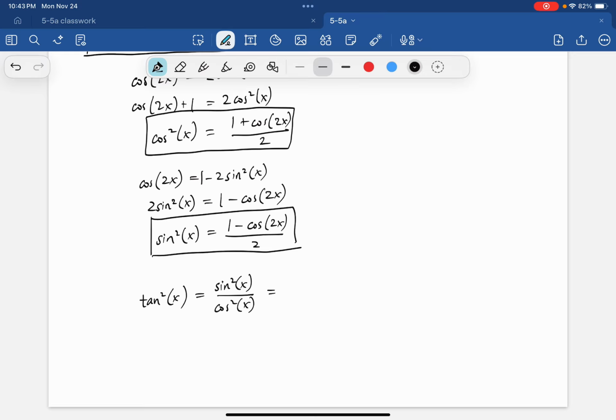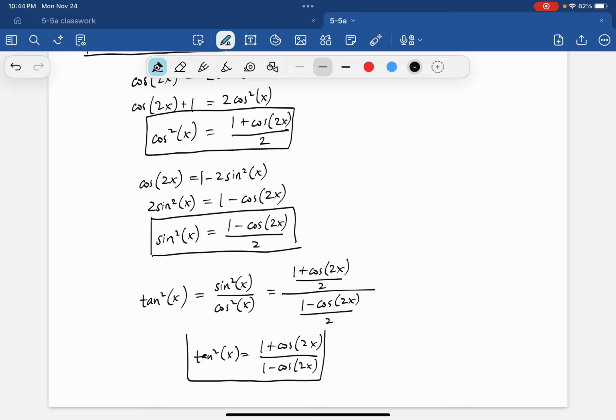Then we plug in the formulas we just derived. Sine squared is 1 plus cosine 2x over 2, and cosine squared is 1 minus cosine 2x over 2. Those over 2's both cancel out, and we're left with tangent squared equals 1 plus cosine 2x over 1 minus cosine 2x.